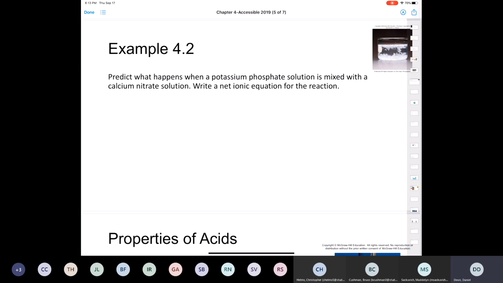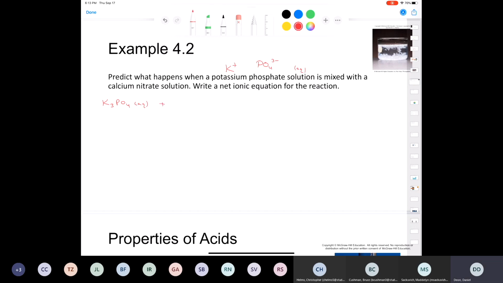Well, the first thing we need to do is come up with the formula for potassium phosphate. You should know that phosphate is PO4 3-, and the potassium is K+, and so potassium phosphate is K3PO4. It tells us it's a solution, so we know that it's going to be aq, so we can put that in there.